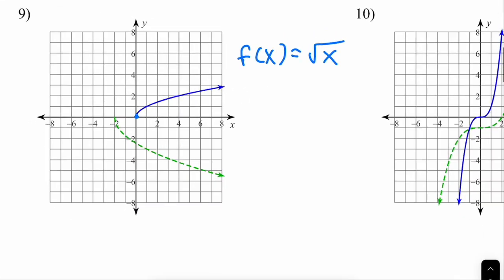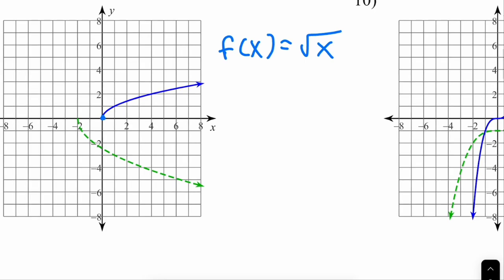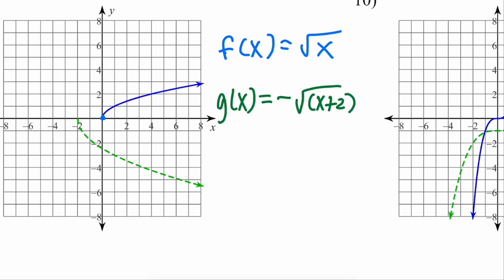Okay. So this is a hard one, but the way that we're going to work it, we need to flip it so that it needs to be a negative on the outside. We have moved it to the left 2, so we need an x plus 2 on the inside.